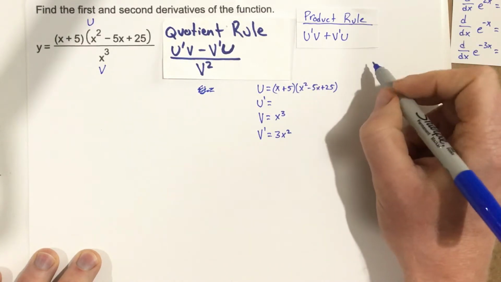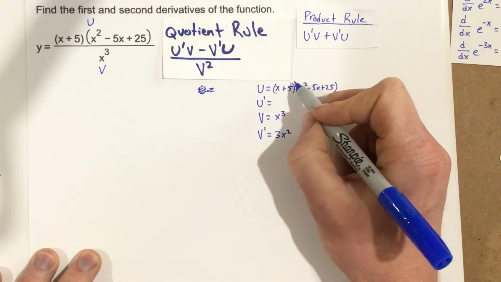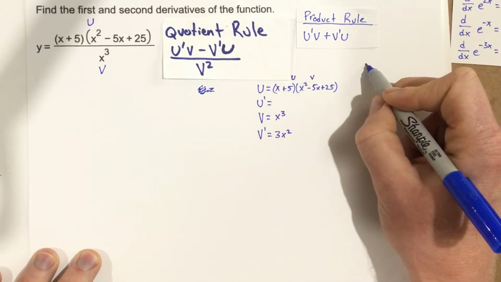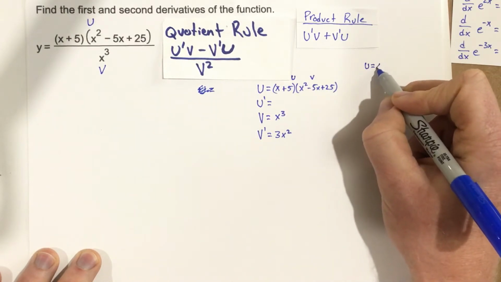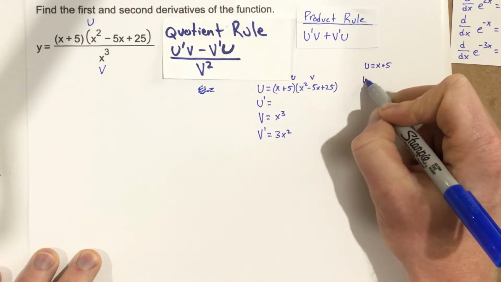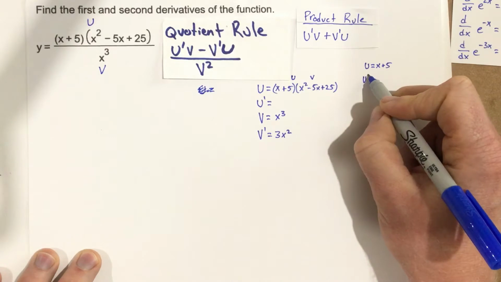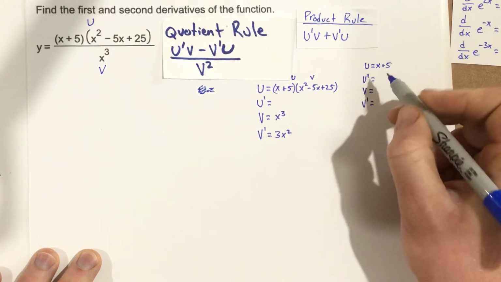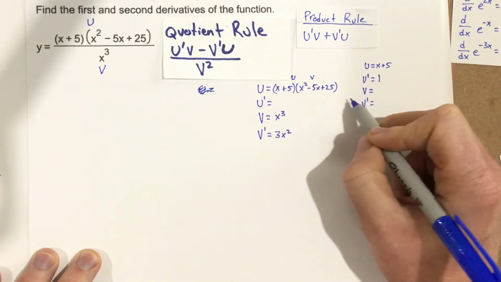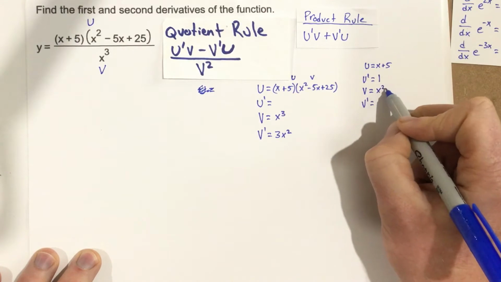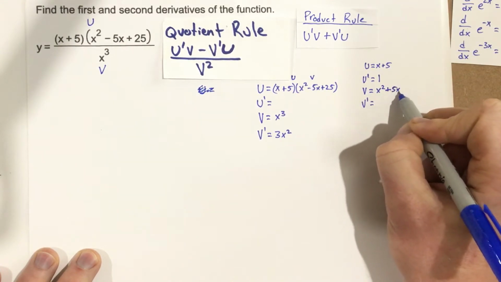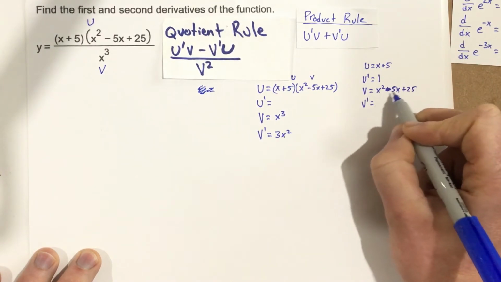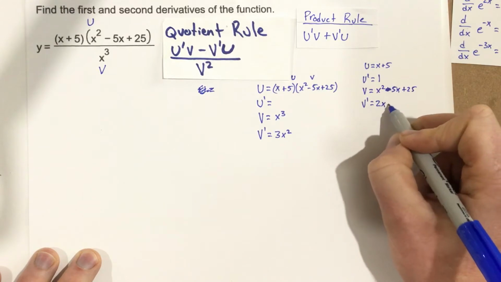I'm just going to stick with u and v, and I'm just going to say that out here u is x plus 5, u prime is 1, v is x squared minus 5x plus 25, and v prime, the derivative of this, is 2x minus 5.